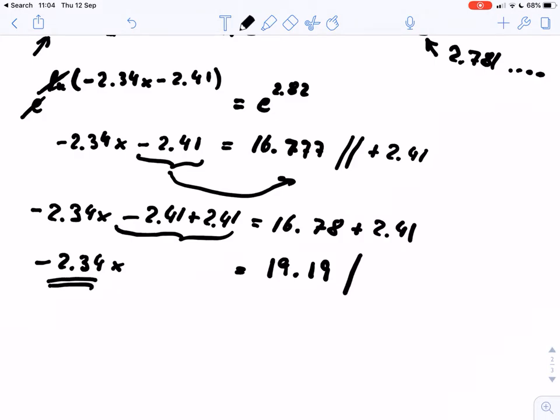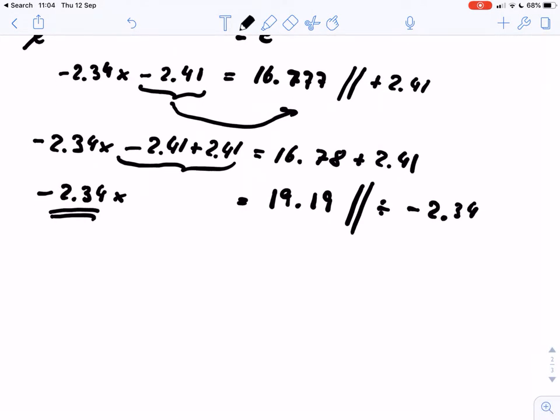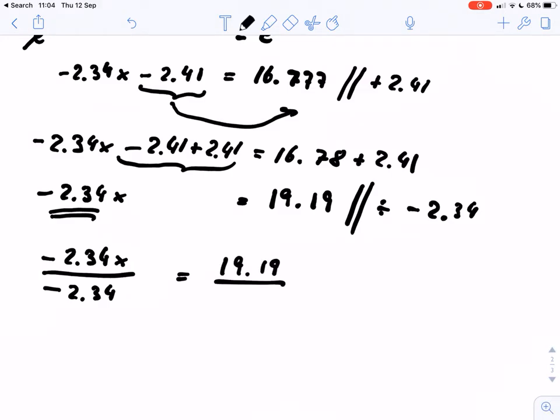Now I need to get rid of this factor here. We know how to do that. We simply divide both sides of the equation by negative 2.34. So we have negative 2.34x divided by negative 2.34 equals 19.19. We divide that also by minus 2.34.